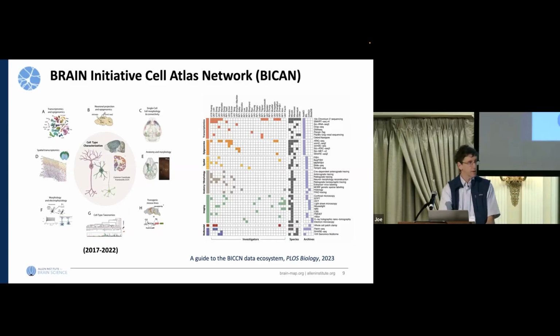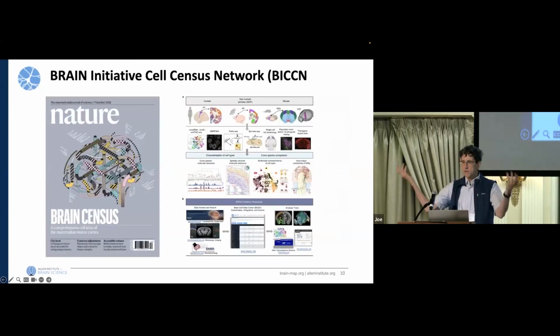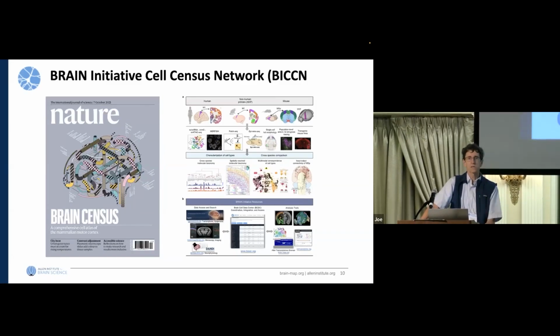This is showing a map of the different labs that were involved and what techniques they used, and that's not so important to us here because we want to get to some real math, right? So we will. But anyway, this led to a strong characterization of the motor cortex in three species: mouse, marmoset, and human.